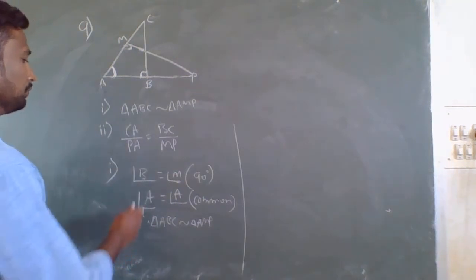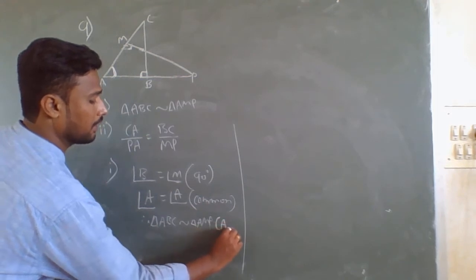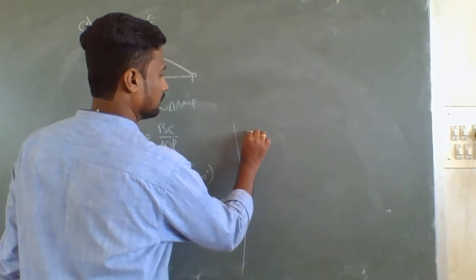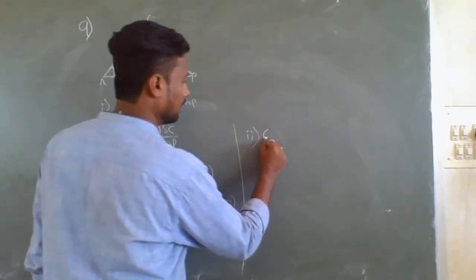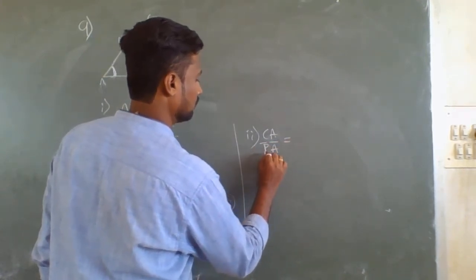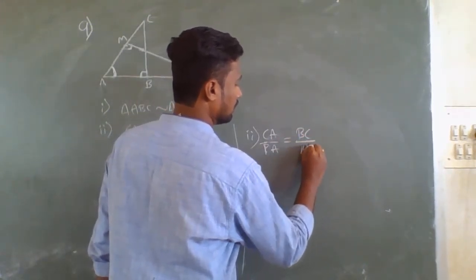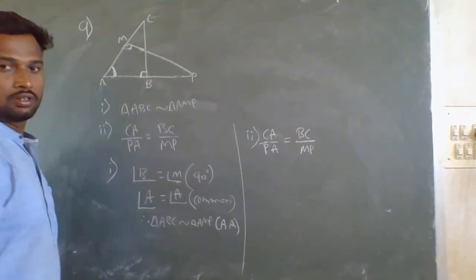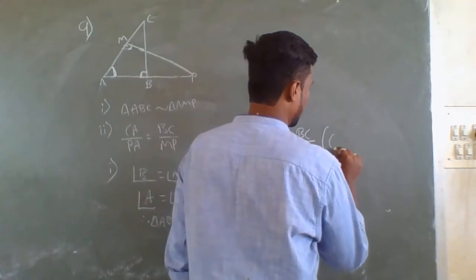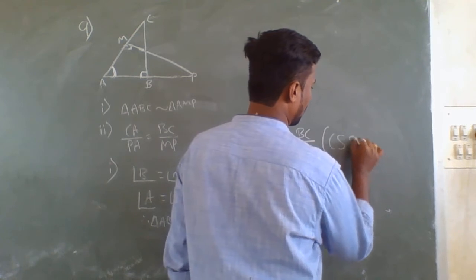Now, if these two triangles are similar by AA, we can write directly that CA by PA is equal to BC by MP, by corresponding sides of similar triangles.